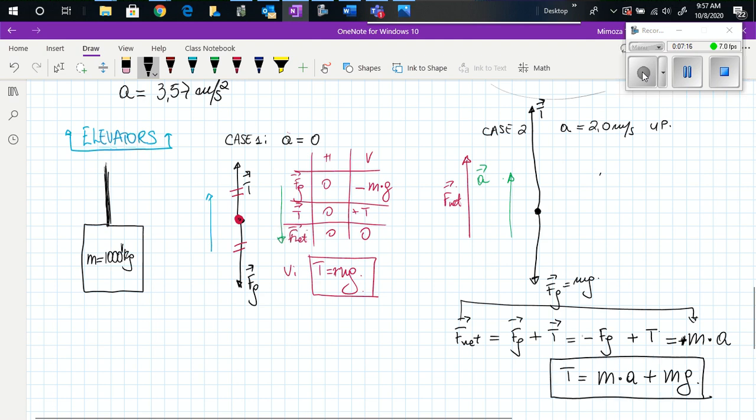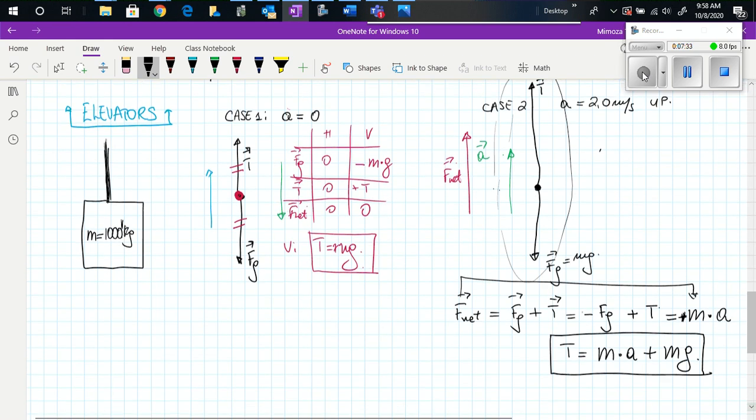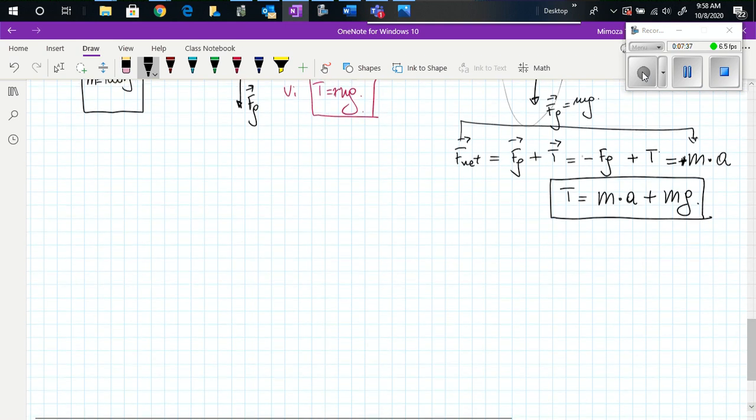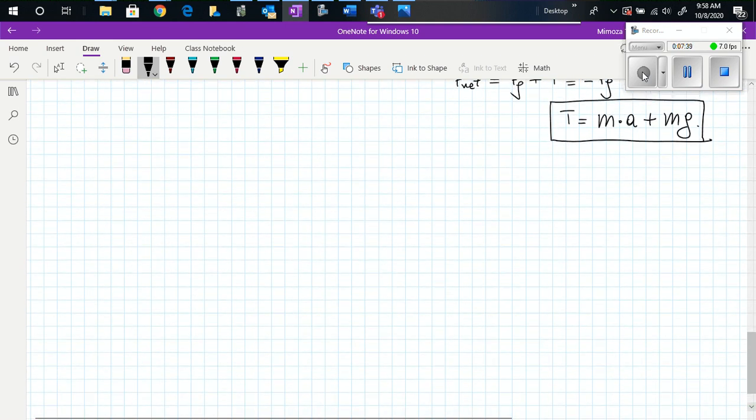So this is why the free body diagram in this situation will represent that the tension is greater than force of gravity.